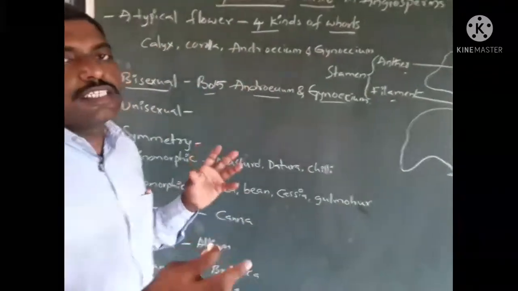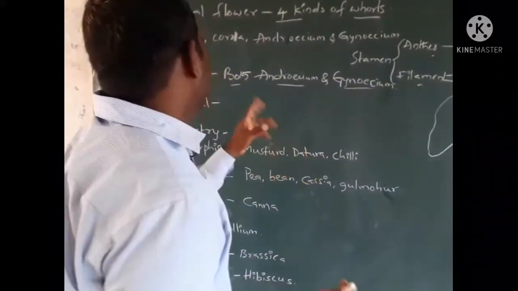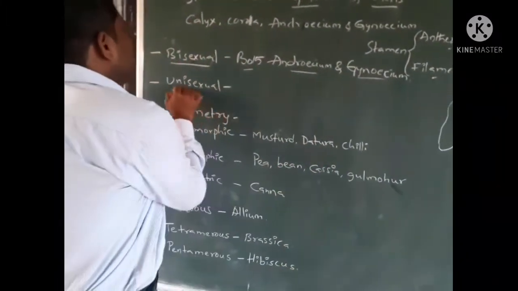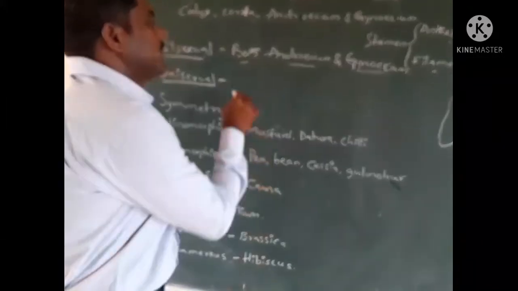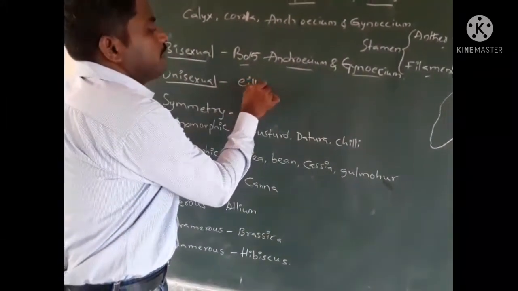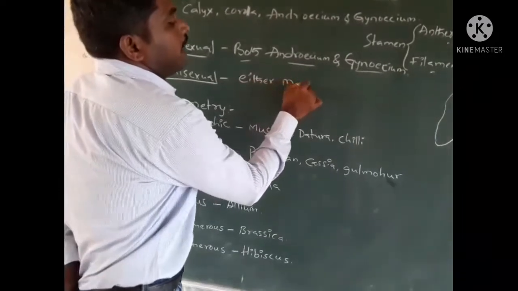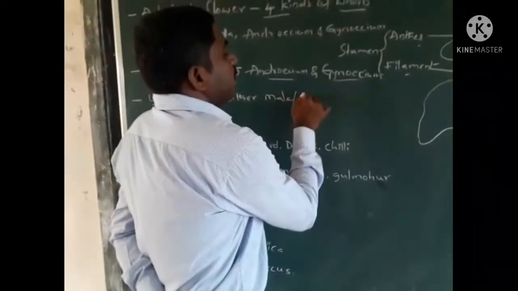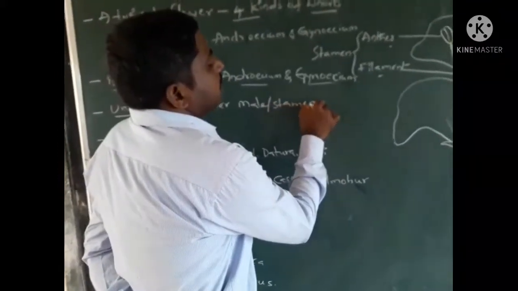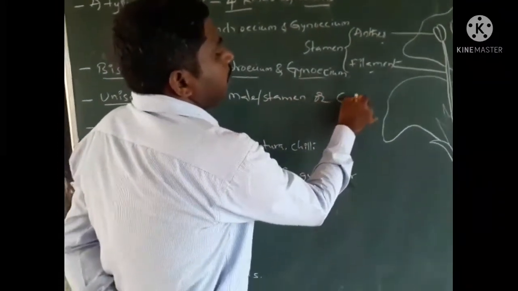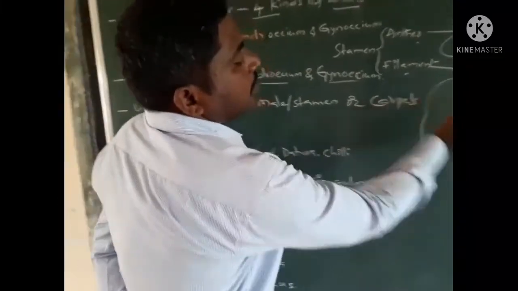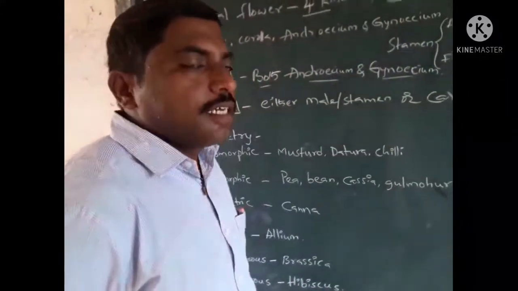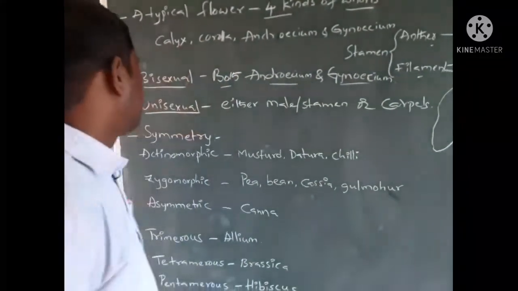Some flowers are unisexual flowers. Unisexual means either male or female, which means either stamen or carpel. That is the unisexual flower.